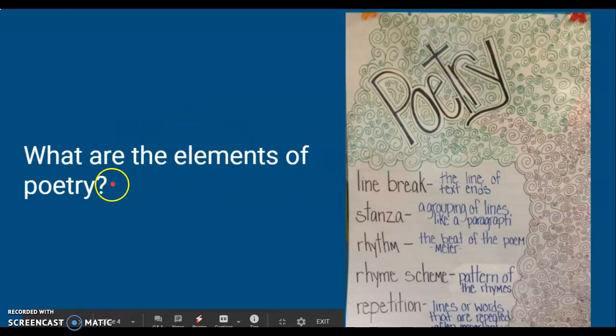The elements. What are the elements of poetry? Elements, again, just means the parts. In a poem, you're going to see line breaks. This is where the line of a text ends. You're going to see stanzas, which are a group of lines. It's kind of like a paragraph. You're going to see that it has rhythm, the beat of a poem.